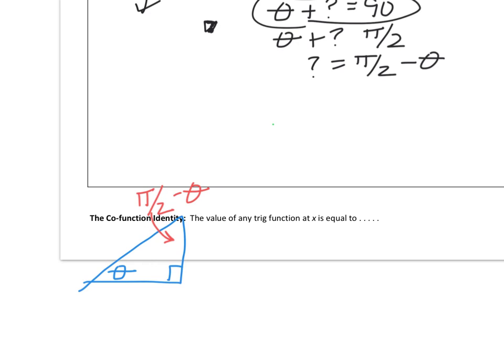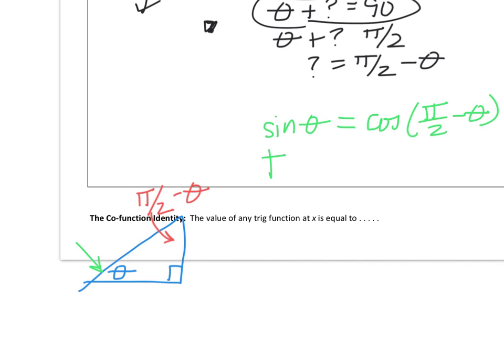So here we go. If I do the sine ratio of theta, which is right there, I know that that's going to be the exact same ratio of cosine of that top angle, which is going to be pi over 2 minus theta.